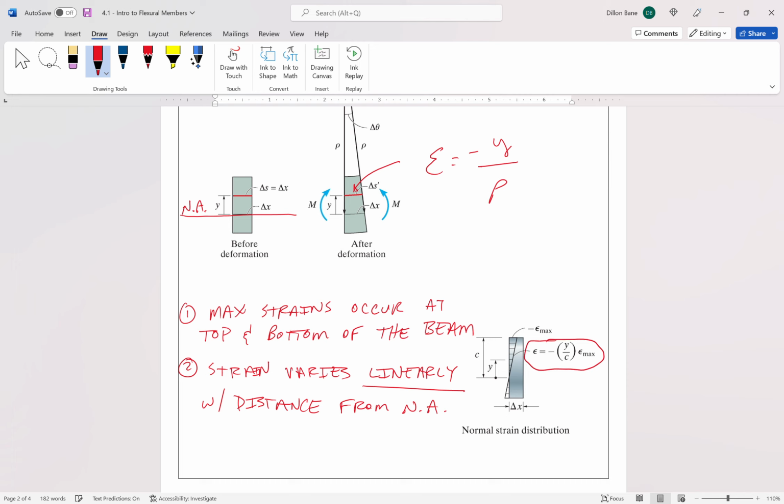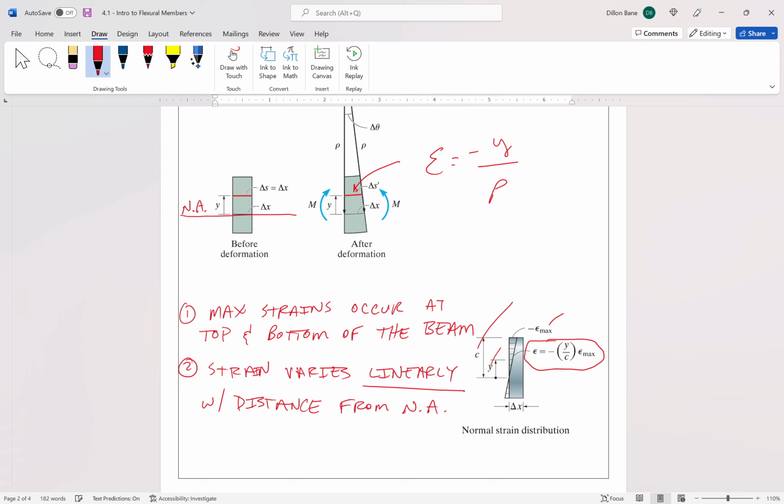If our maximum strain is at the top here, and y is our distance from the neutral axis, and c is the distance from the neutral axis to the top of the beam, then our equation for strain anywhere along the height of the cross section can be represented by this equation, where we say it's negative y over c times strain max.